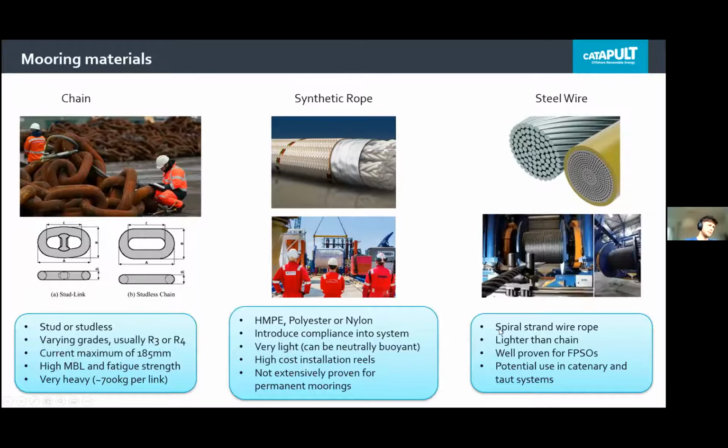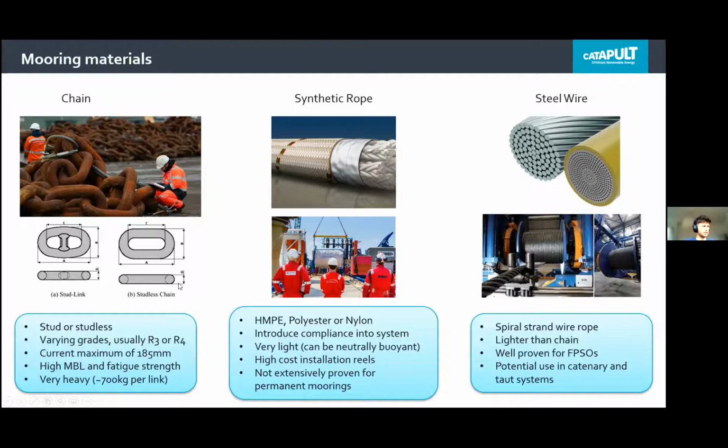So as I was mentioning, there are different materials you can use in a mooring system, and each have their pros and their cons. Chain is a very common method. It's been used in oil and gas and the maritime industry for years. You can have a stud chain, which will prevent cross-loading, or you can have a studless chain, which generally has a better fatigue life.